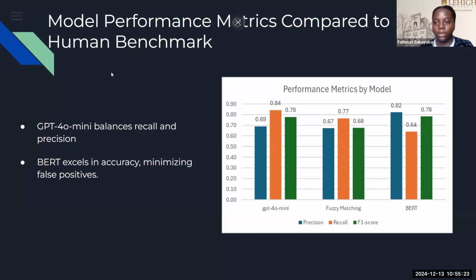As you can see, the performance of the GPT-4o mini and BERT were pretty close and better than the fuzzy matching. So at this point, we could conclude that we did what we were expecting. At the beginning of the semester, our goal was mainly to do better than the paper.